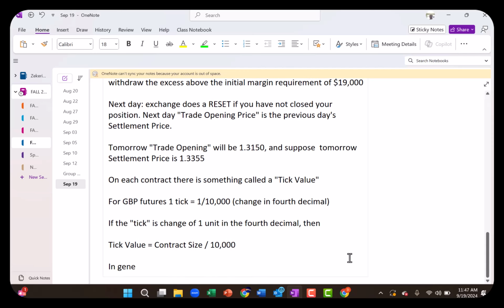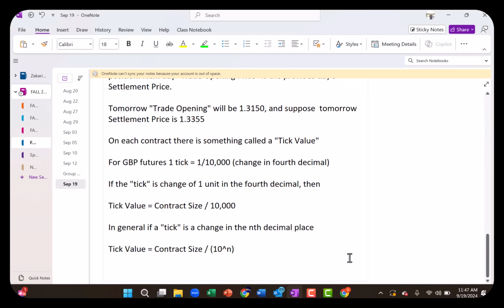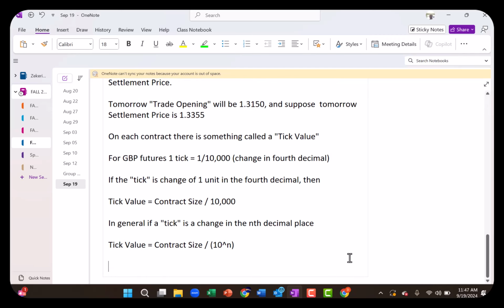In general, if a tick is a change in the nth decimal place, tick value is contract size divided by 10 to the power n. 10,000 is 10 to the power 4.